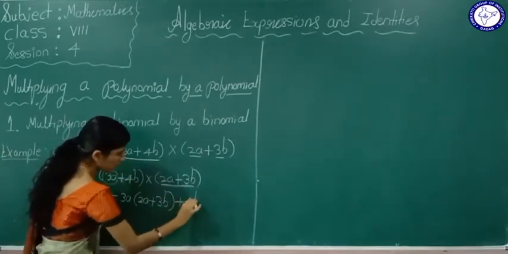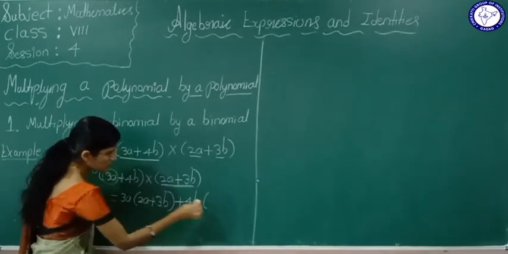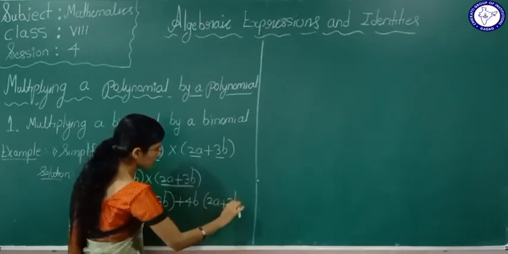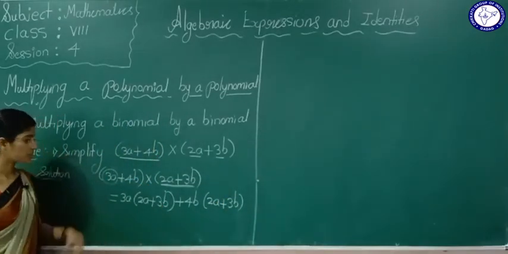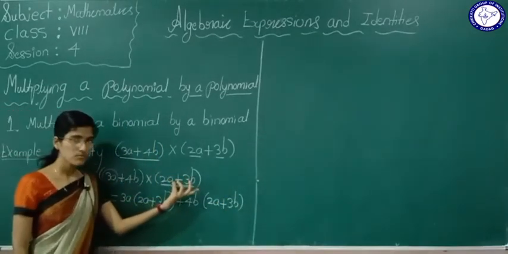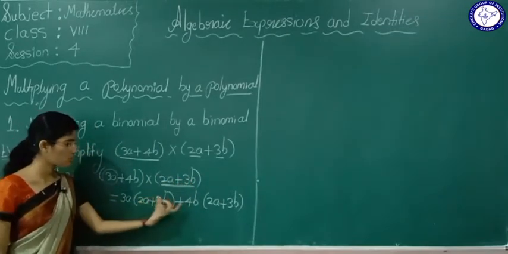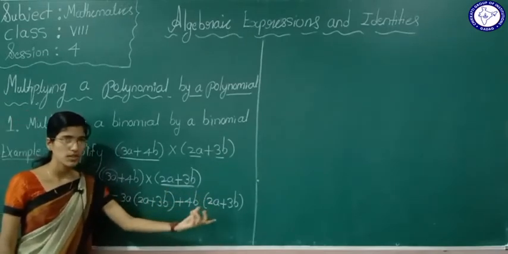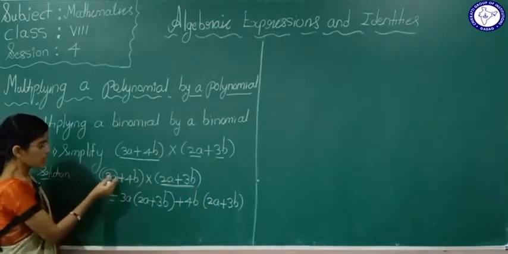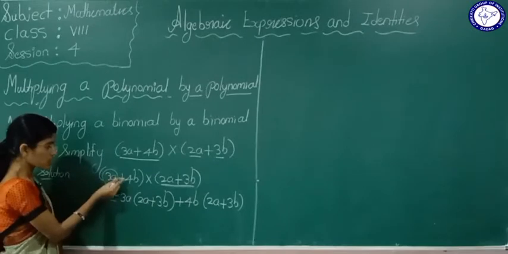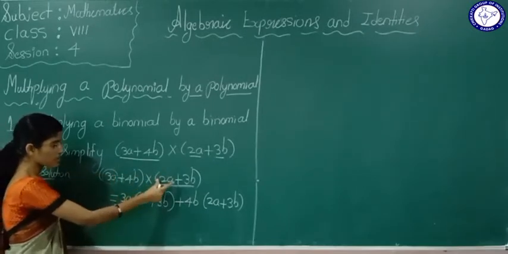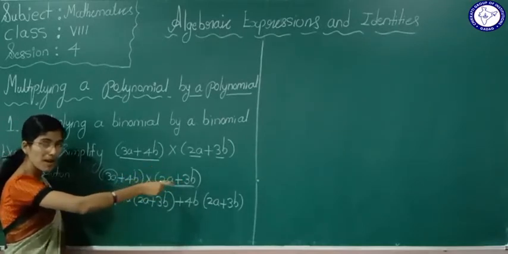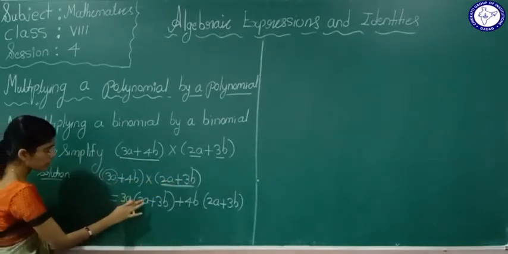This 4b you have to multiply with this expression, that is 2a plus 3b. Now see, students, any one expression you have to keep constant. What I am telling means, each term of this binomial I am multiplying with each term of the other binomial.